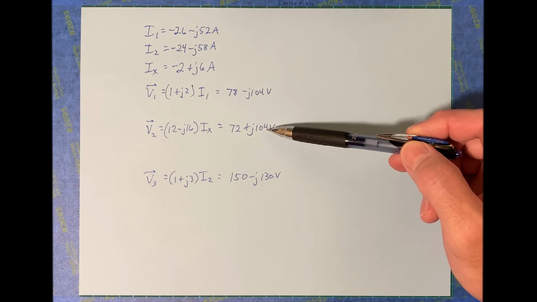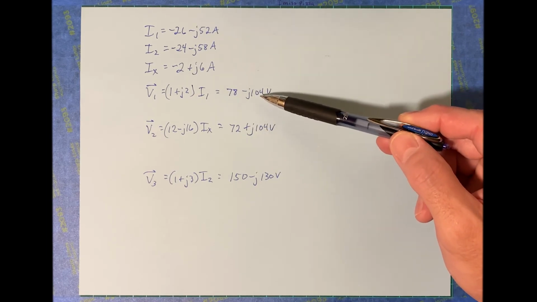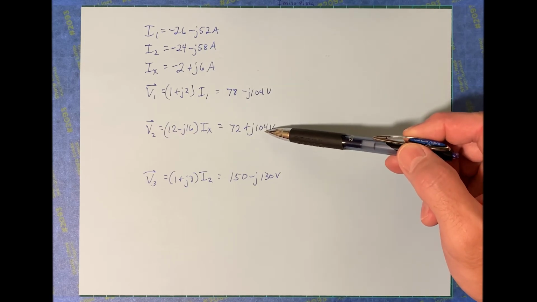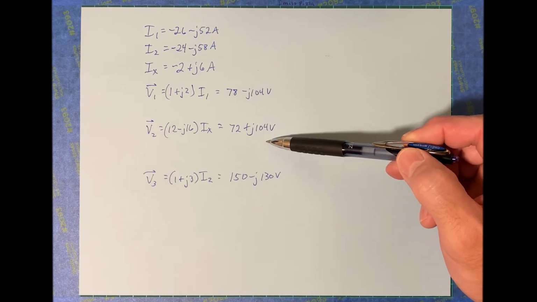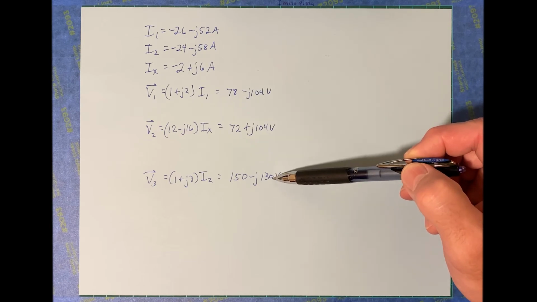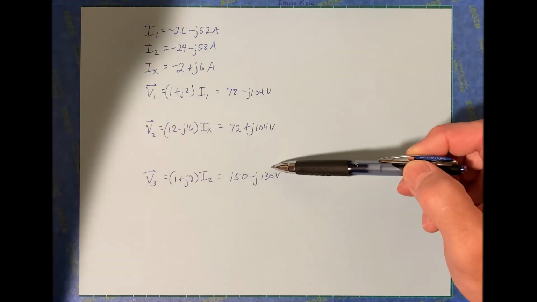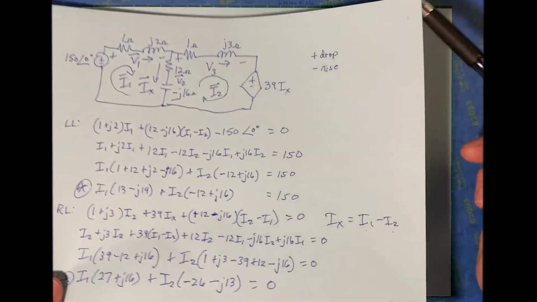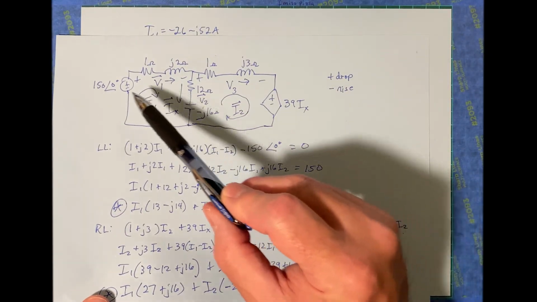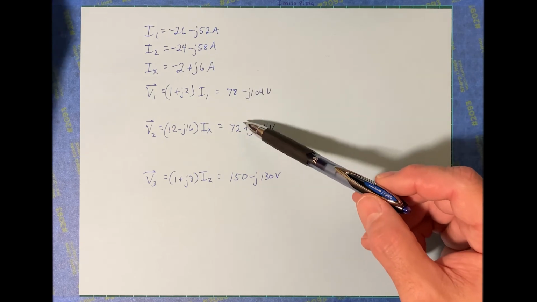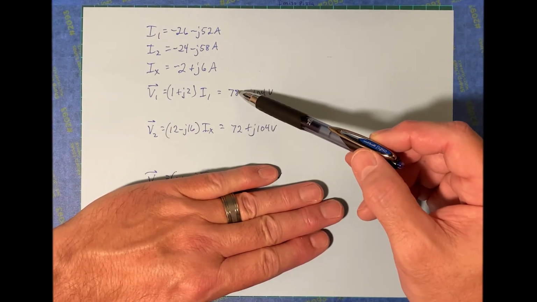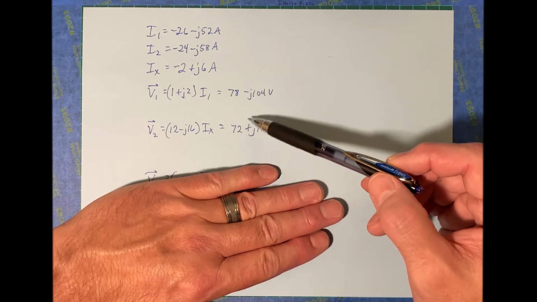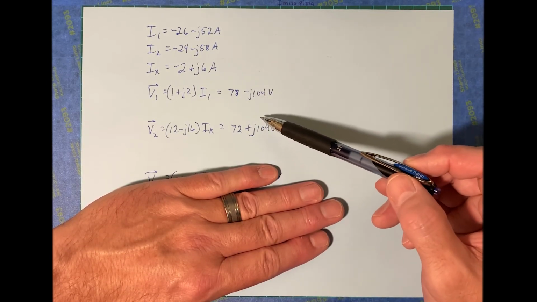And that's going to be plus negative 104 plus 104. Oh, that doesn't seem right, does it? Oh, wait a minute, V2 has to be 150. I'm not letting it equal this. I just had that wrong in my head. This should equal 150 angle 0, and it does, 150 angle 0.